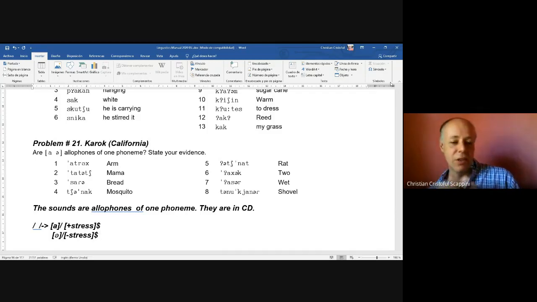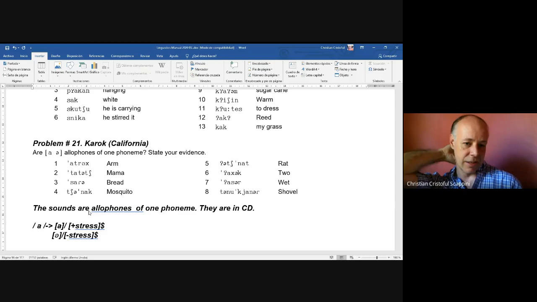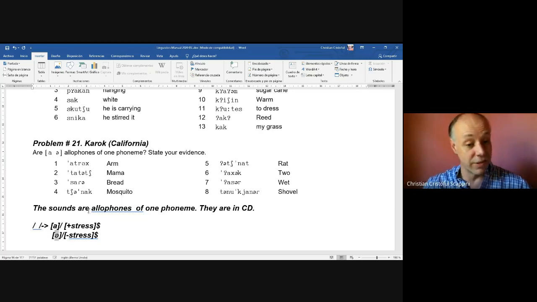There are many ways of deciding, and because I don't know the language, I cannot tell you that the way you chose is wrong. But just thinking that these sounds share the same rules as English, then I would say that the schwa is the phoneme because there are more unstressed syllables than stressed ones.